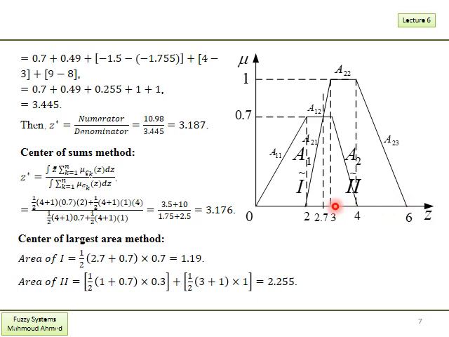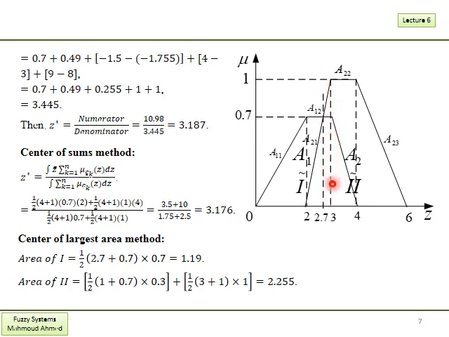So the first small trapezoid is simply equal to half multiplied by 1 plus 0.7.